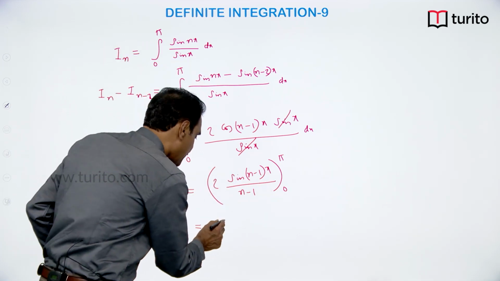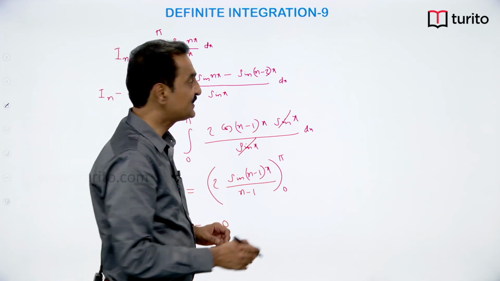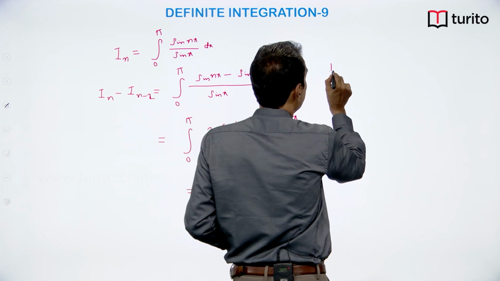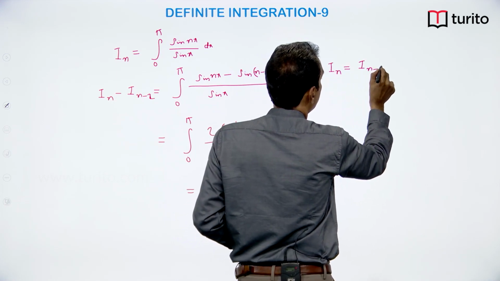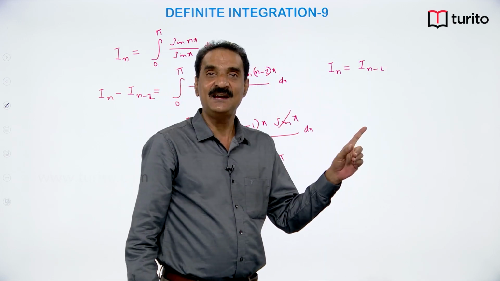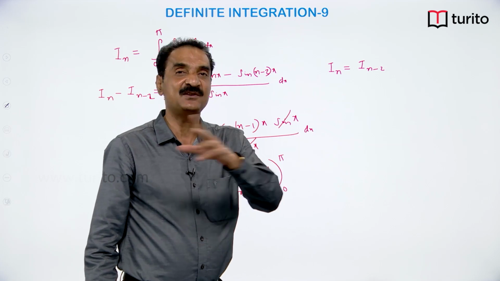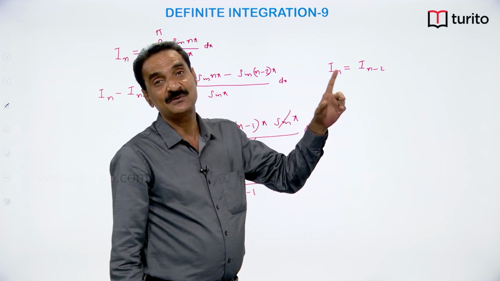So it is completely 0. In minus In minus 2 is 0, which means In is equal to In minus 2 for all n. That means I1 is equal to I3, I3 is equal to I5, I7 and so on. Similarly, I2 is equal to I4 is equal to I6 and so on.